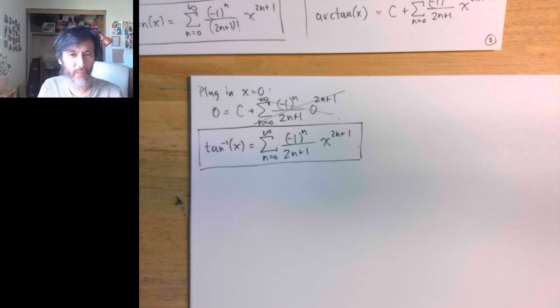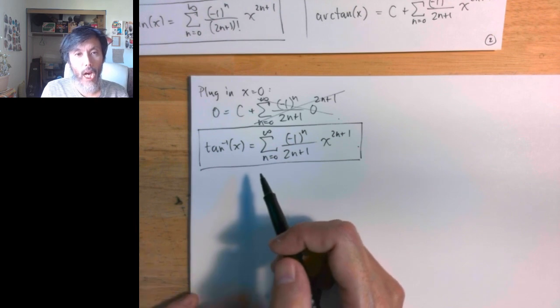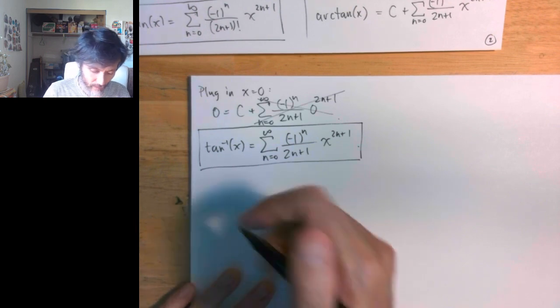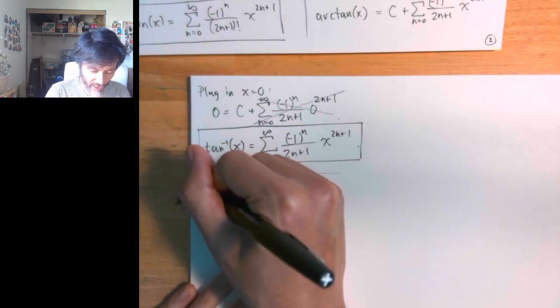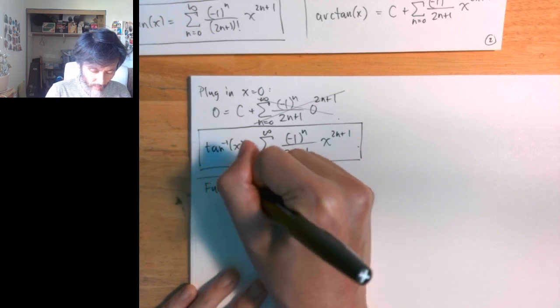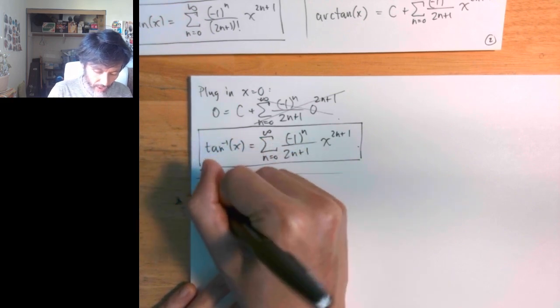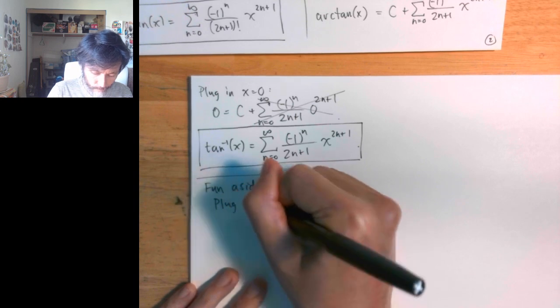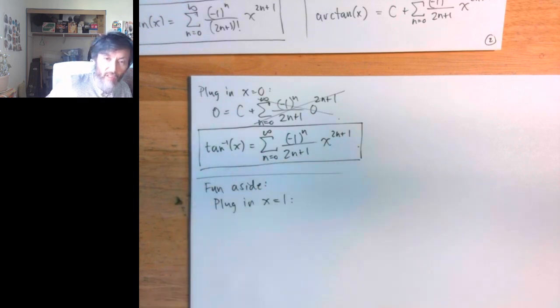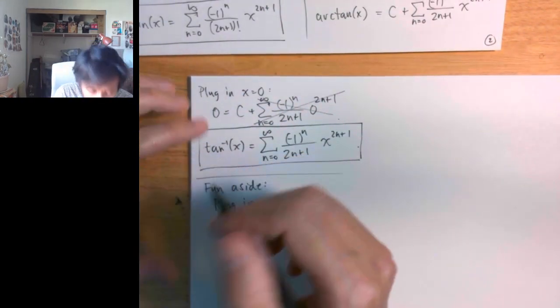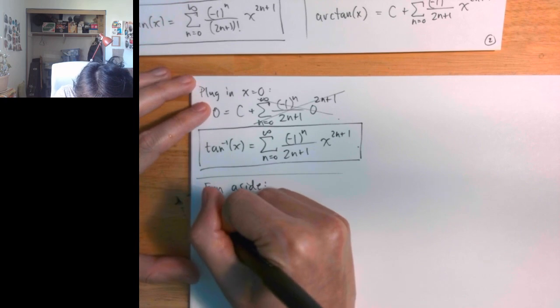And because I think it's fun and funny, I'm not sure if funny is the right word, I want you to notice something. So this is just a little fun little aside. Plug in x equal to 1 for a sec. Into what? Into this here. So on the left, we get tangent inverse of 1.